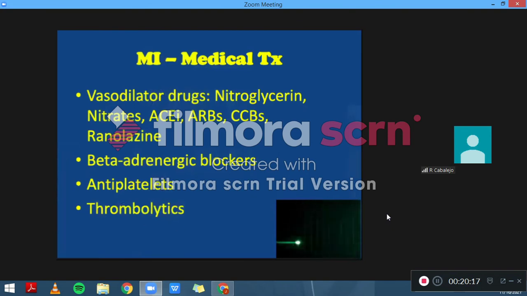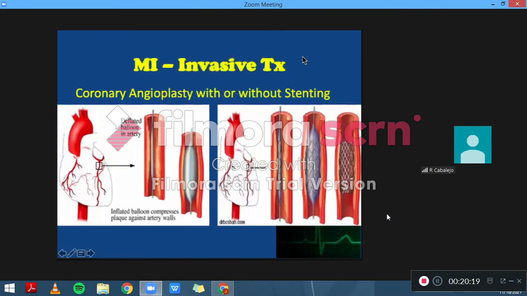Aside from medical treatment, which is offered now mostly in tertiary hospitals, you can also do invasive or minimally invasive treatment. You can do coronary angioplasty, wherein you just dilate the obstructed area of the coronaries by inserting a balloon catheter here. So this is the balloon catheter inserted peripherally, either from your radial artery or from the femoral artery.